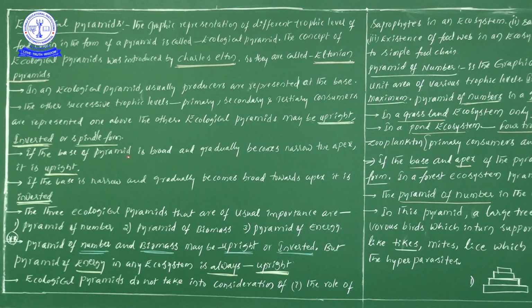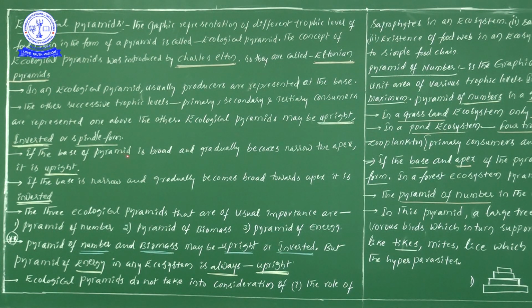If the base of the pyramid is broad, it is upright. So here we will learn when the pyramid will be upright, when it will be inverted, and when it will be in spindle form. Now let us see them one by one.